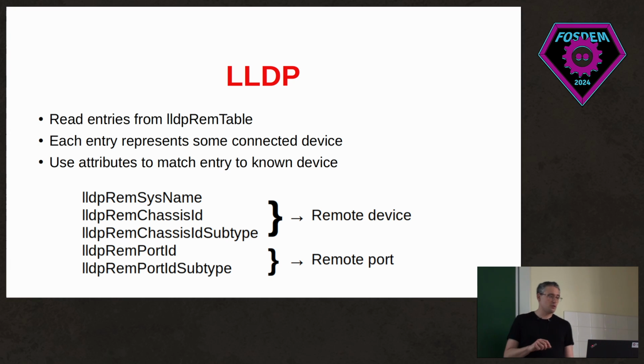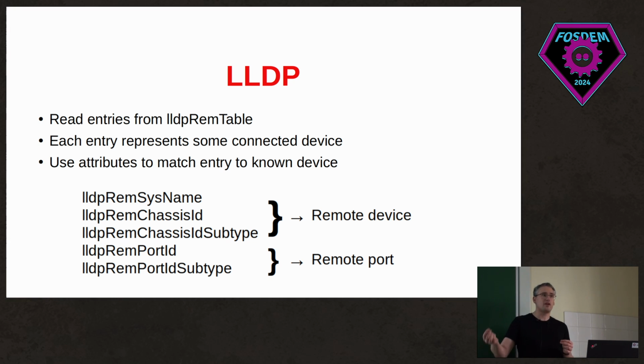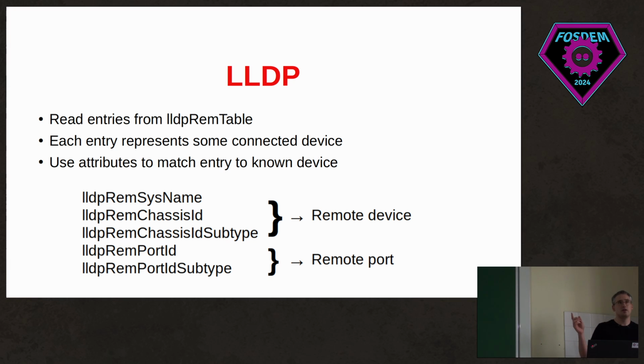And we will use attributes of each entry to find other devices known to the monitoring. We will use the remote system name and remote chassis ID to find the device in the monitoring, and when we find it, we will use the remote port ID to find the actual interface on that remote device. And if we found a match, we can add a link to our internal topology representation.